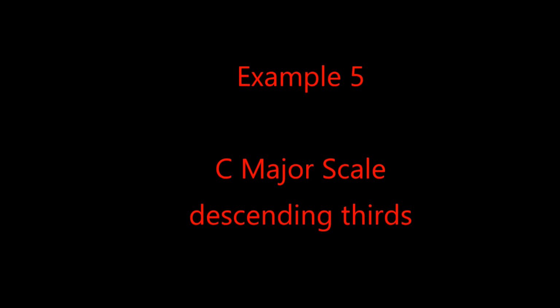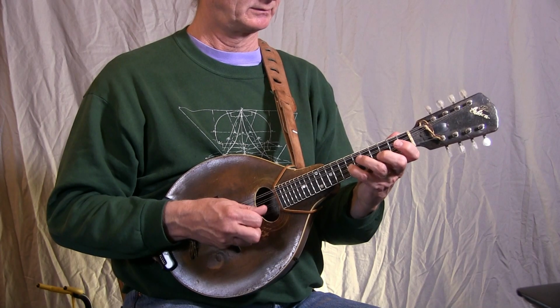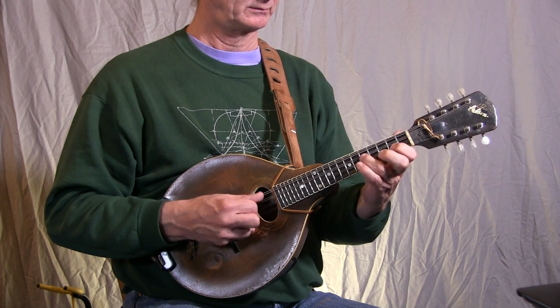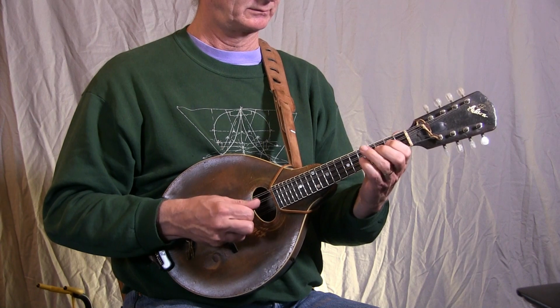Example 5 is descending thirds, and I play that here. Example 6 is the descending thirds with the chromatic lead-in note, and I play that here.